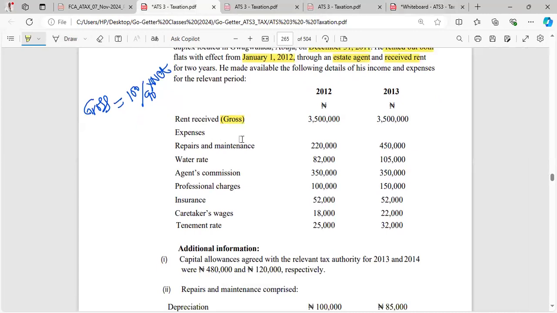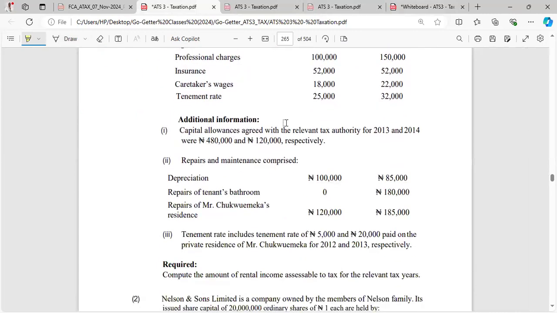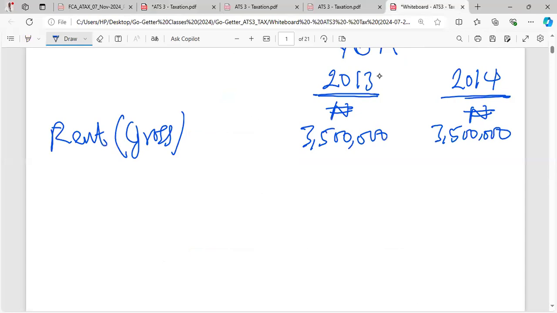Now, expenses. Before we take the expenses, you go to the additional information. Capital allowances agreed with the relevant tax authority for 2013 and 2014 were 480 and 120. So let's take it here. Less allowable expenses.